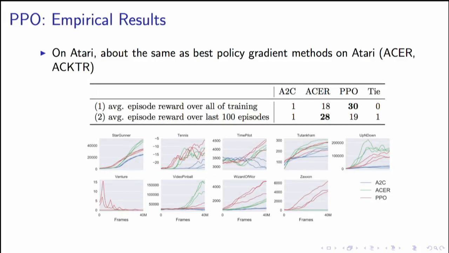On Atari, it's about the same as the best policy gradient methods. It's a lot better than A2C in terms of sample complexity, and it's about tied with ACER and ACKTR. I think it's a favorable trade-off in terms of performance versus complexity, like code complexity and time complexity.